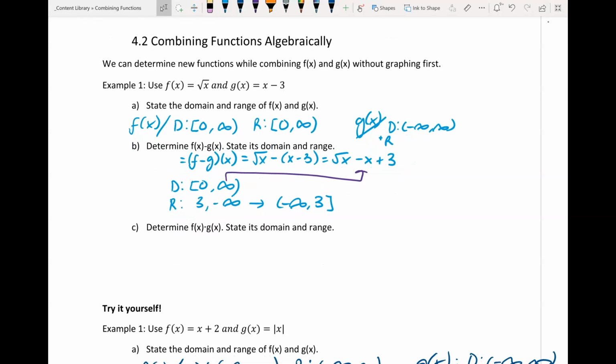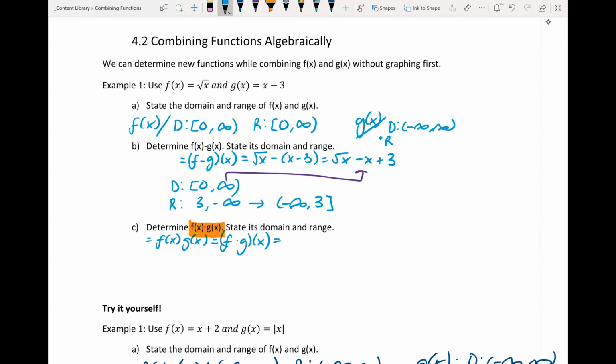Now we'll determine f of x times g of x. Another way you could see the notation for this is f of x g of x, or you could see it as f dot g of x. More commonly, it's going to look like this one here though, because it does get confusing in case they're talking about composite functions.